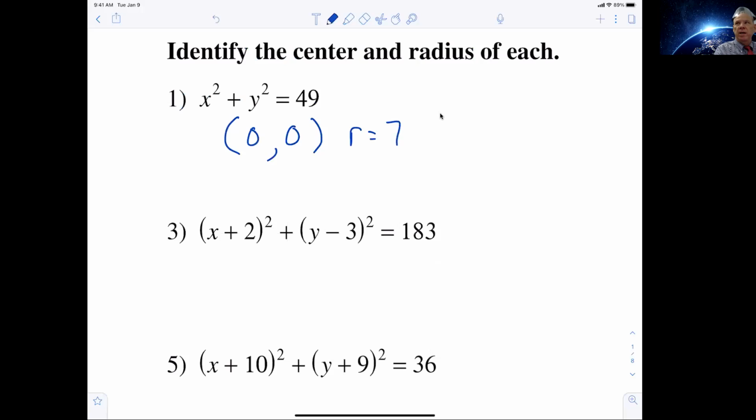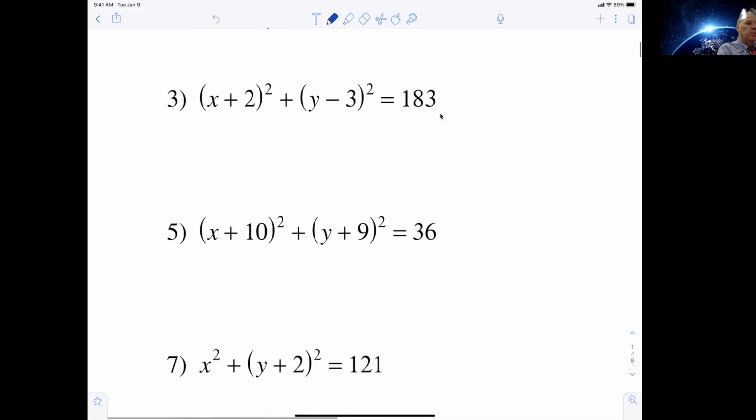So now we'll just go down the page. Let's take a look at number 3. Someone who's been following along, tell me. (-2, 3) is the center, and then the radius is going to be the square root of 183. Perfect, because it's not a perfect square.